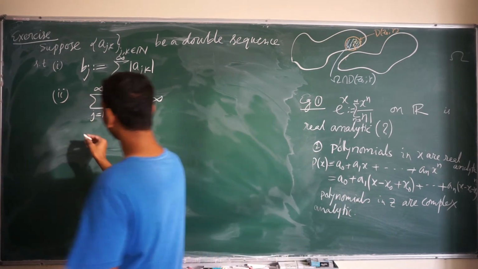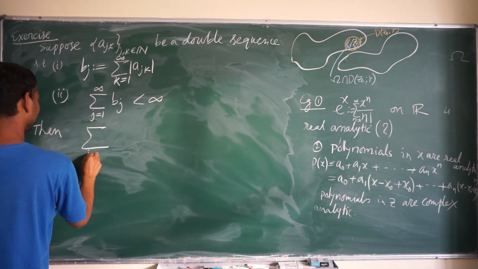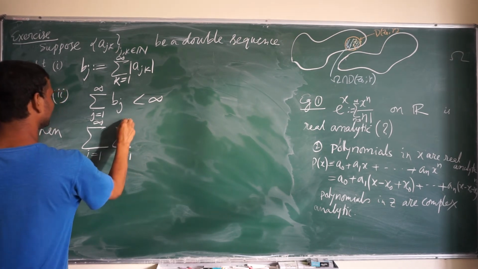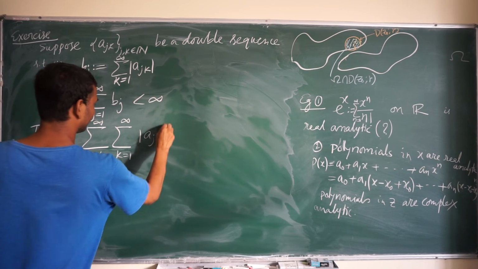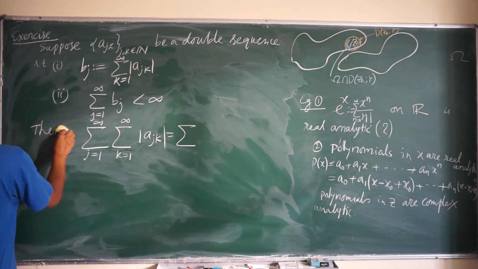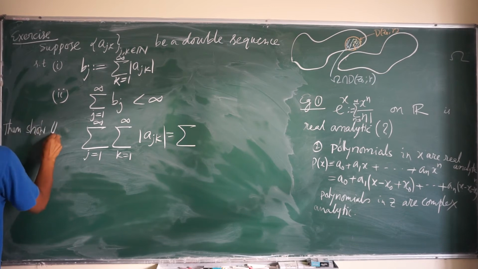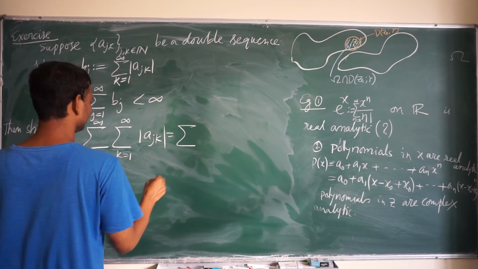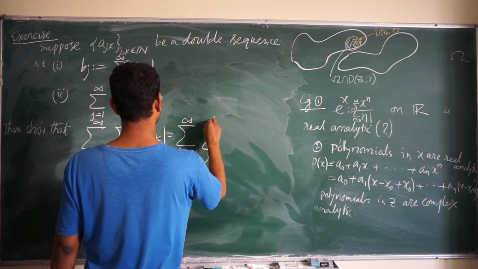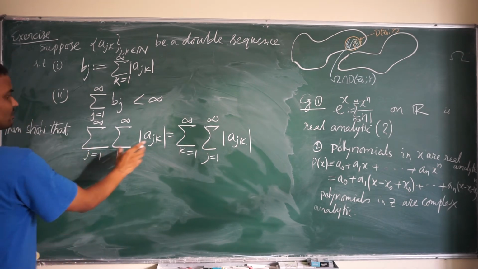Then show that the sum over j from 1 to infinity of the sum over k from 1 to infinity of a_jk is equal to the sum over k from 1 to infinity of the sum over j from 1 to infinity of a_jk. So you can interchange the summation.